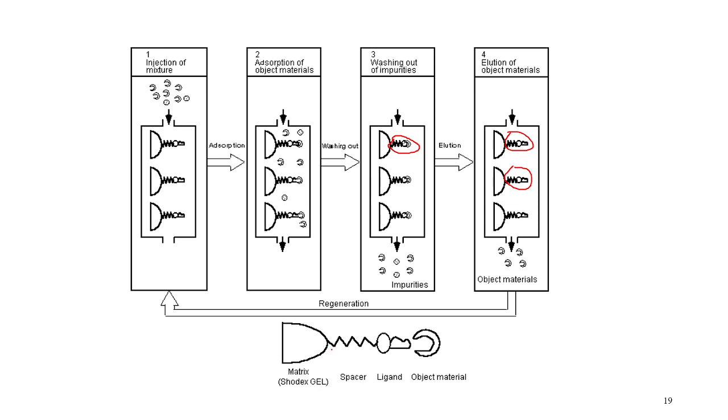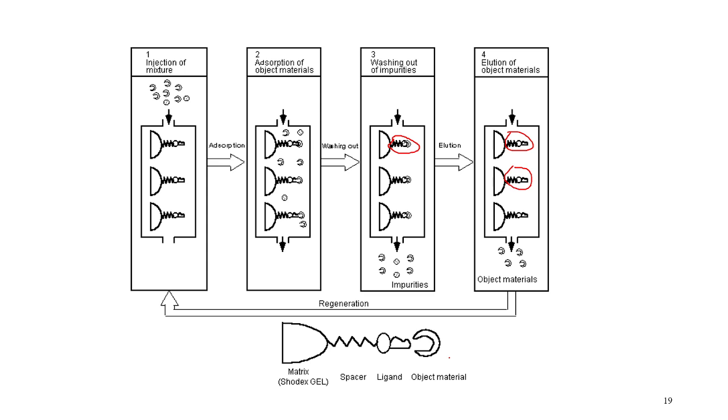So this is your matrix, then you have a spacer, then you have a ligand to which your object material is going to bind, and after this happens, something else comes and binds to this ligand and your object material gets eluted. So this is the total concept.